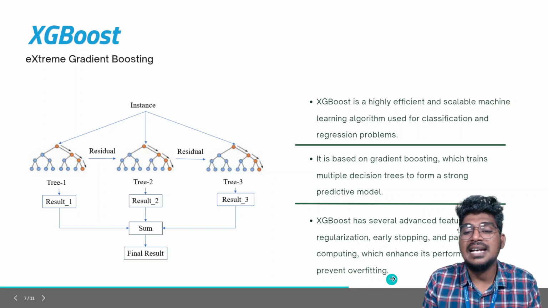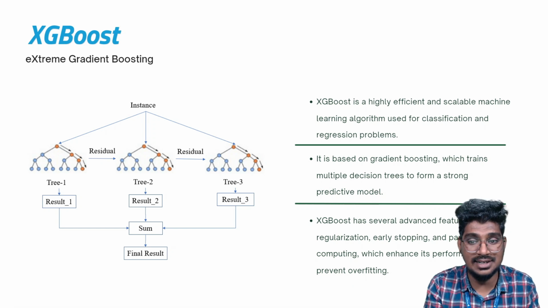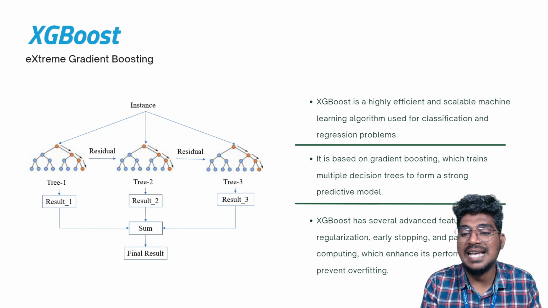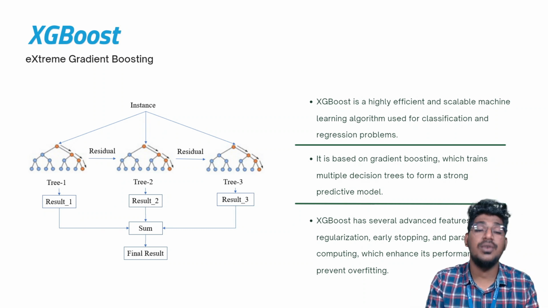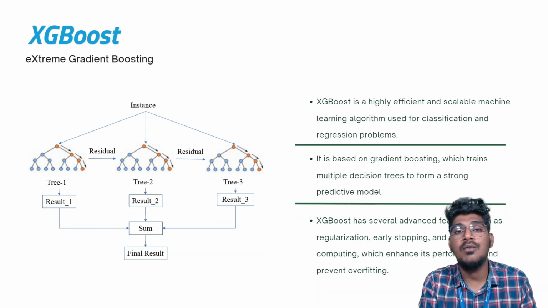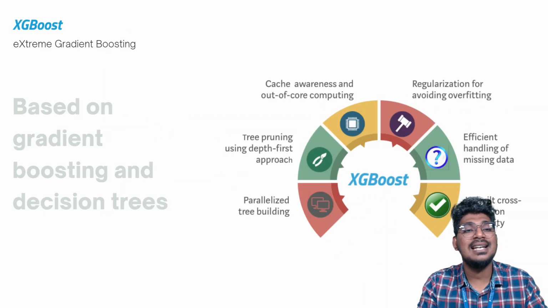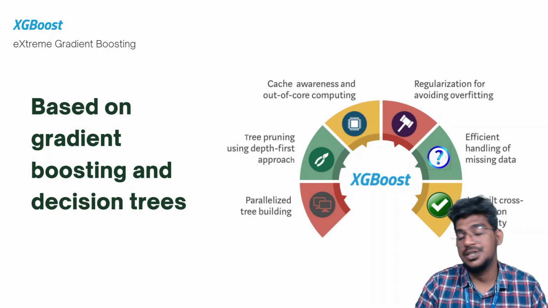XGBoost has several advanced features such as regularization, early stopping, and parallel computing, which enhance its performance and also prevent overfitting. That's very important. It helps avoid the overfitting problem as well. So what exactly is extreme gradient boosting?